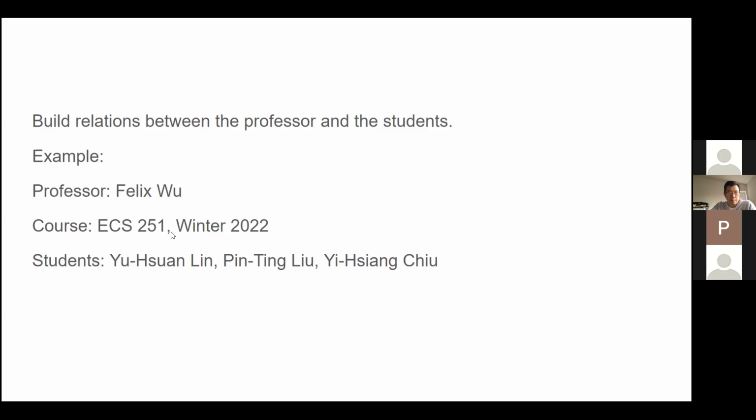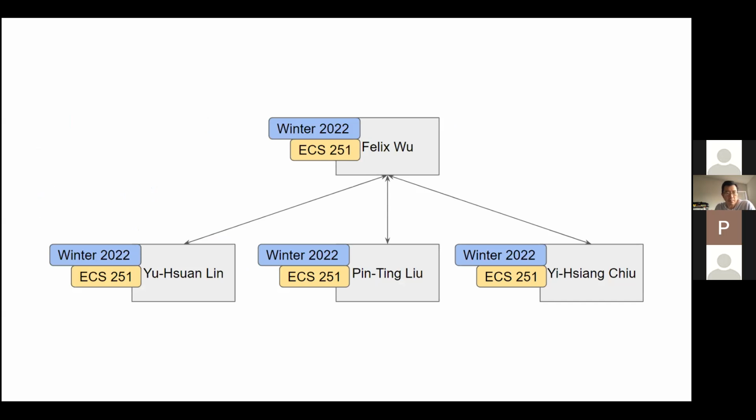So with this example, we can assign 2 tags to the 4 people just mentioned. And as you can see from this graphic, each person has 2 tags, which are the tag for this course in winter quarter 2022, and the course ID ECS 251.